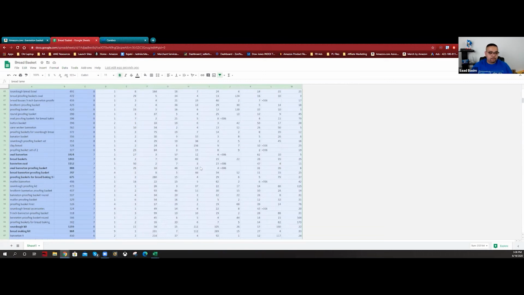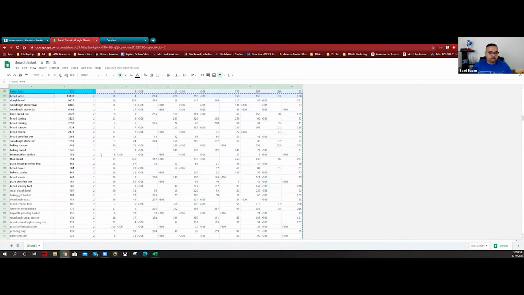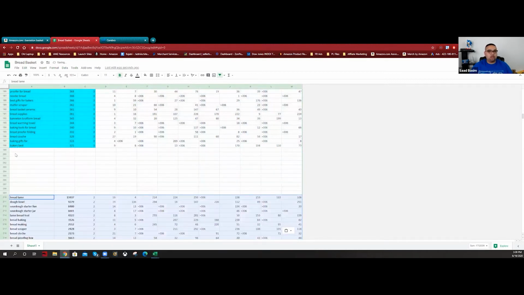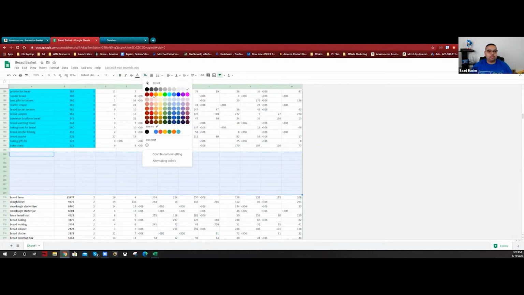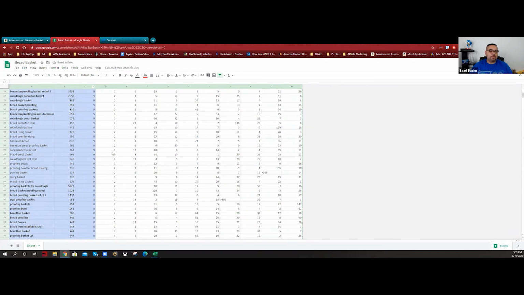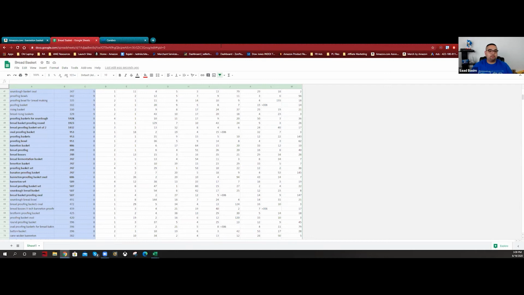So what I'm going to do is take all this information and copy and paste it in here, or cut and paste it. And then I'm going to put all this stuff here in red because I want to work with these boys. These are my main keywords that everyone ranked for and they're making the most money.